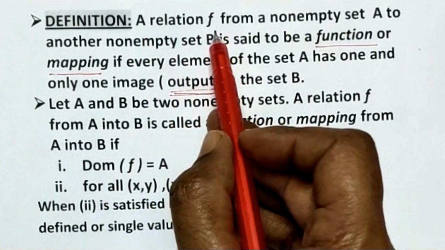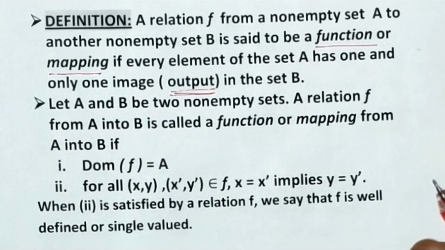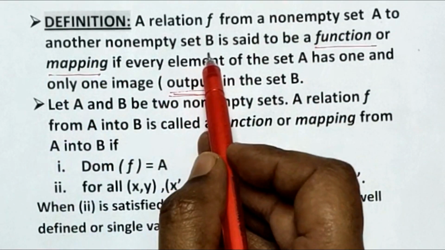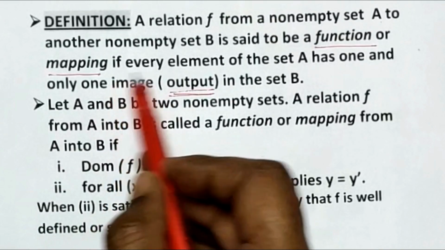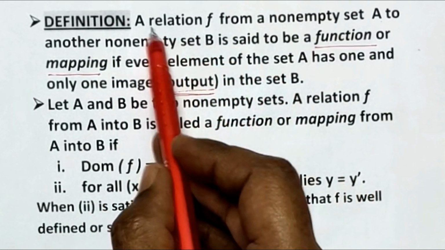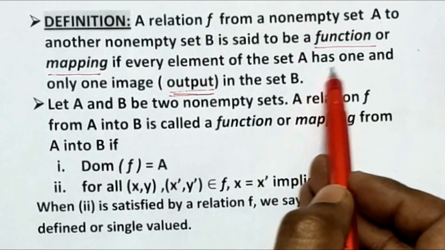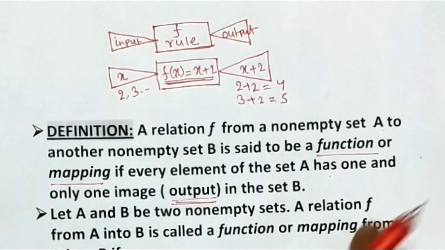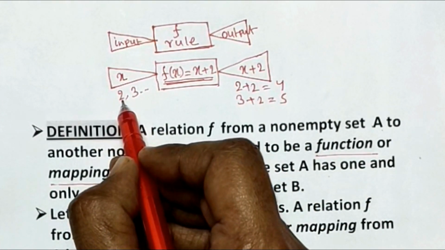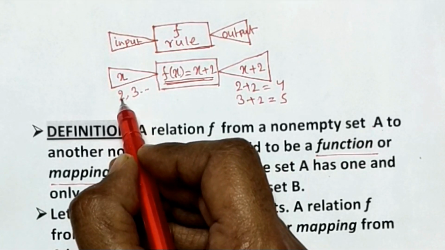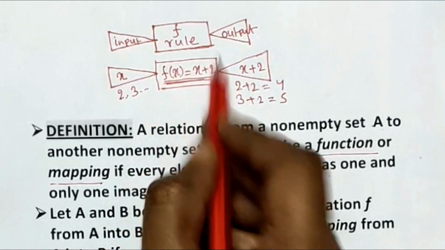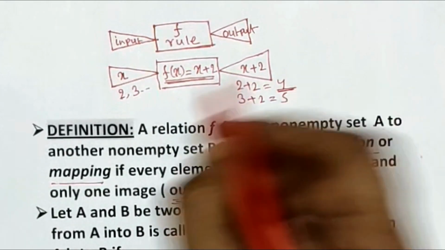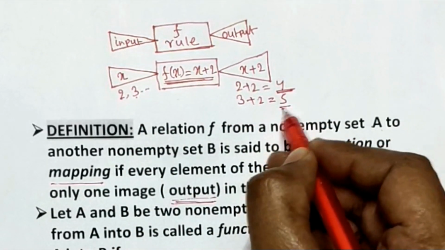So a relation f is said to be a function from a non-empty set A to another non-empty set B if every element of the set A, that is the first set, has one and only one image in the set B. That is, look here, if we put 2, then the function or the machine gives us the result or output as 4. For 3 we get 5.